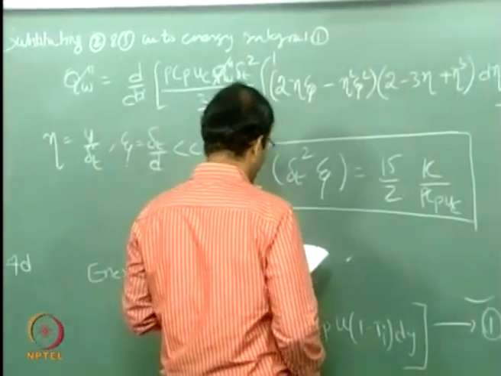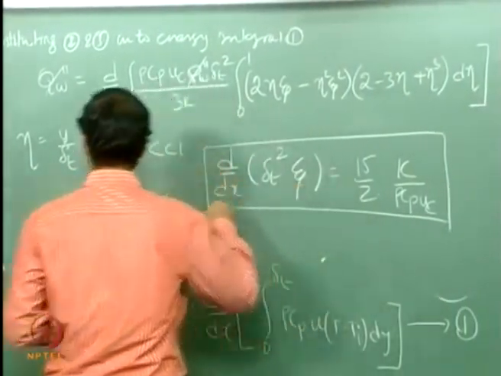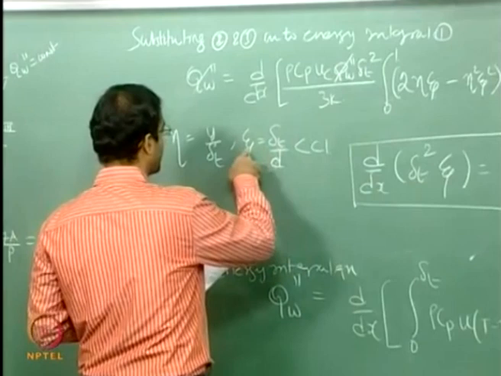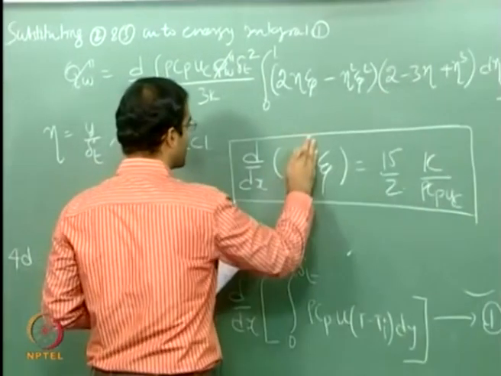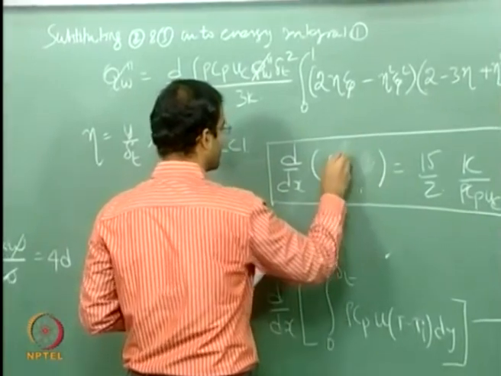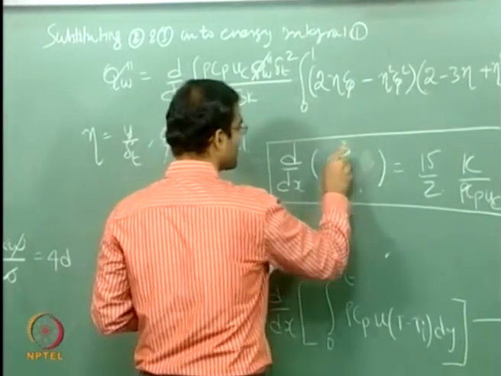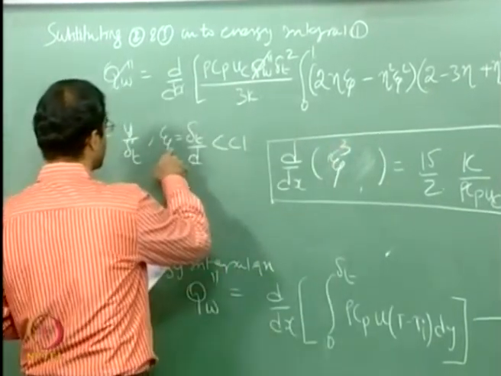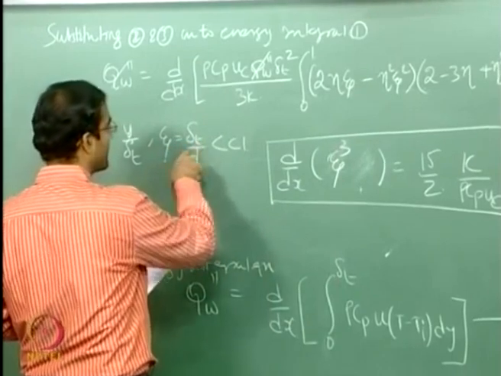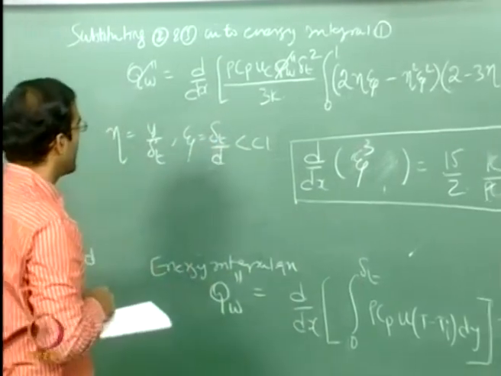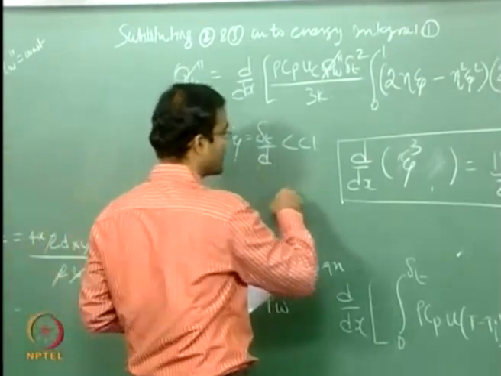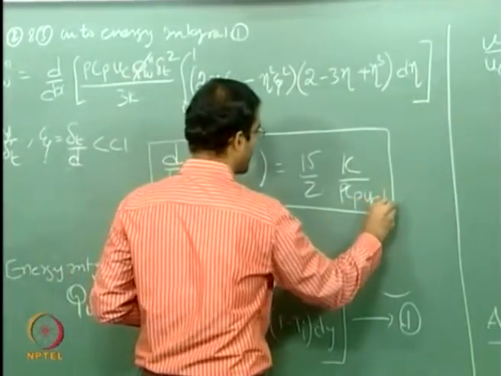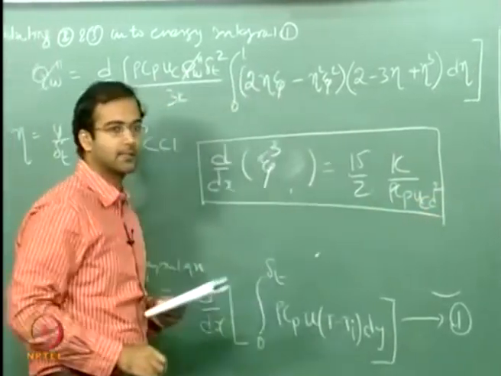With this you can now again substitute your delta t in terms of zeta. So this becomes zeta cube into d. Your delta t square will be zeta square into d square, and d square is a constant, I can take it to the right hand side.